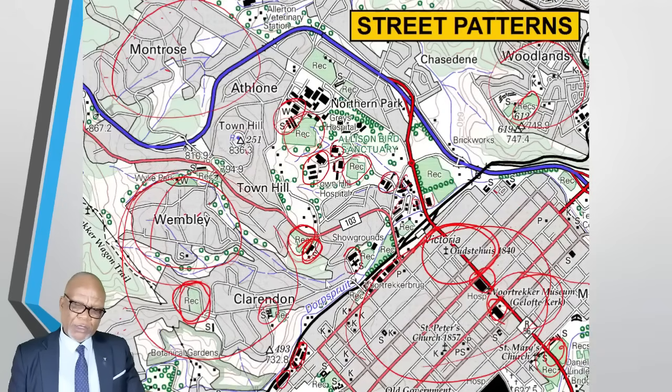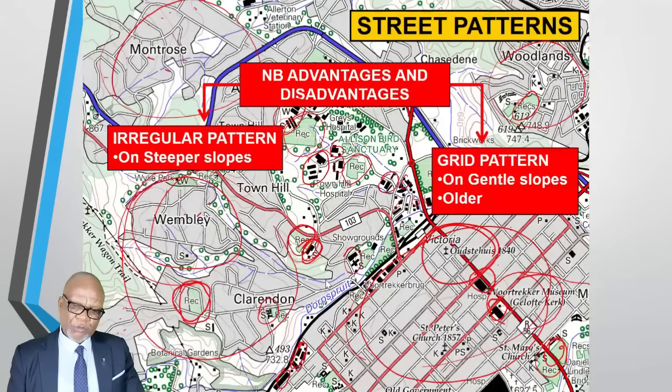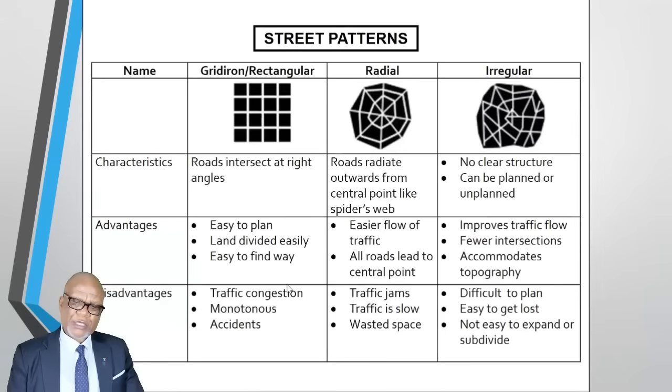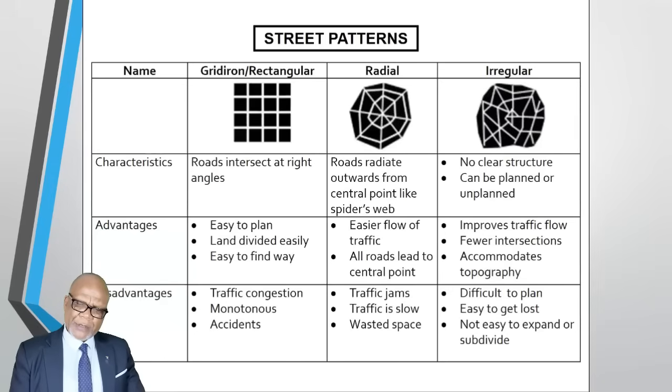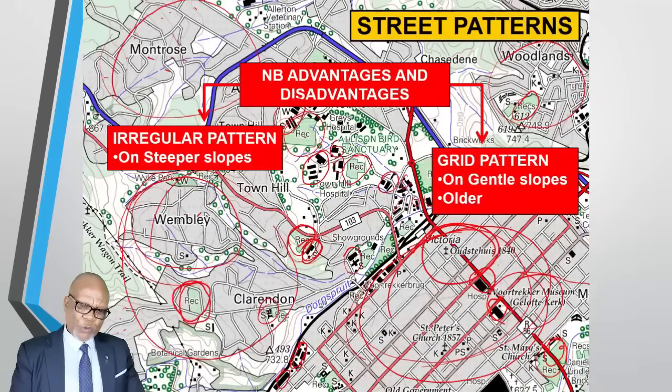But now, in theory, when you're looking at this, you are going to see something like this. So this is a grid iron pattern. This is how grid iron pattern looks on the topographical map. And this is irregular pattern, and this is how irregular pattern will look on the map. So this is map application of the internal structure of the urban areas.